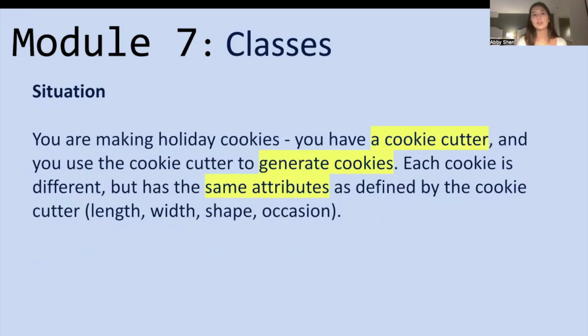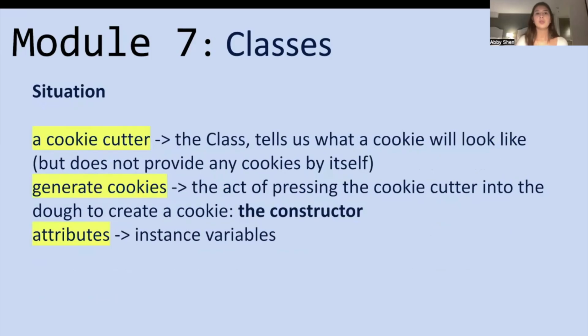So going back to our cookie cutter example, we can think about the cookie cutter, the action of generating cookies or making cookies, and then those same shared attributes that each cookie has. The cookie cutter would correspond to the class, or the blueprint as we've referred to it before.